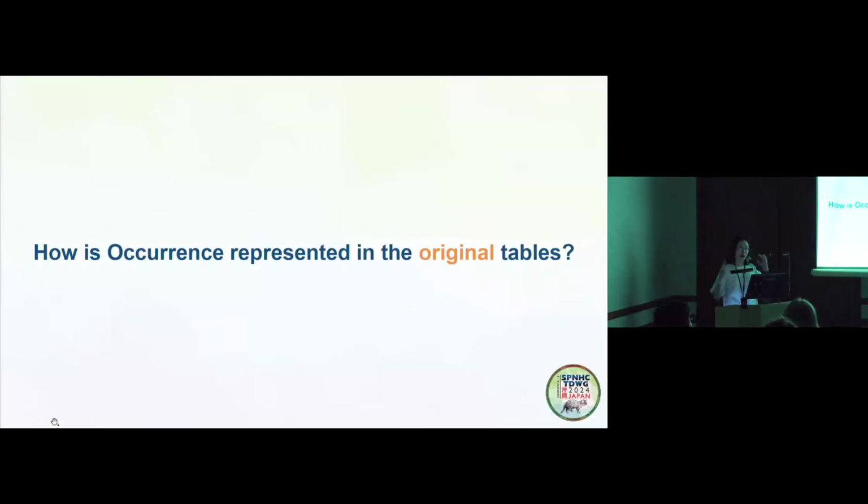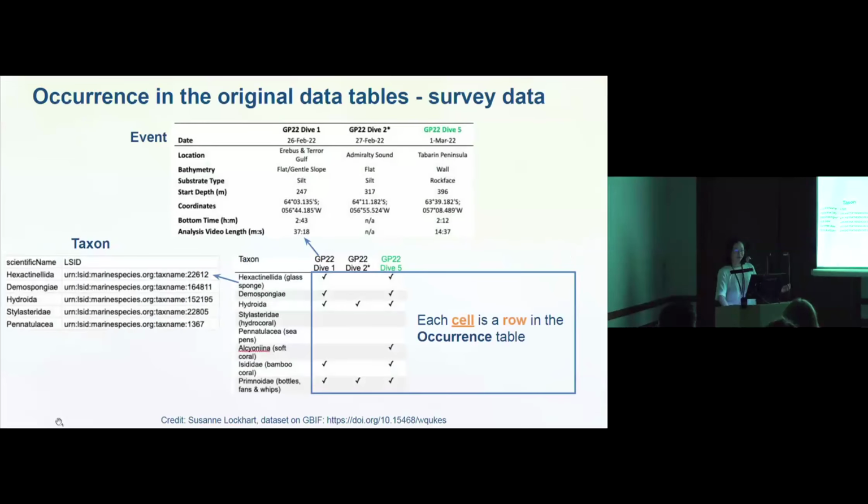So I want to ask the question, how is occurrence represented in the original data tables? Because we data managers work with scientists and their raw data. This is the original data that I got for a survey.